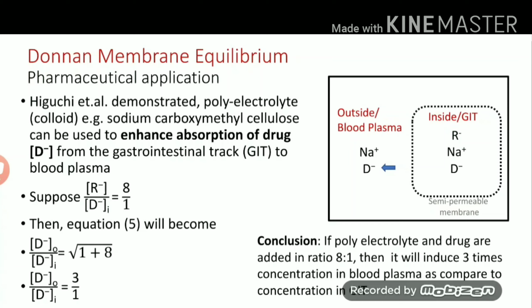Then the final ratio D negative outside by D negative inside is equal to 3 divided by 1. The conclusion of this whole exercise is, if polyelectrolyte and drug are added in ratio 8:1, then it will induce 3 times the concentration in blood plasma as compared to the concentration in GIT.